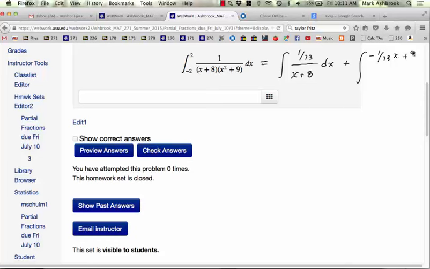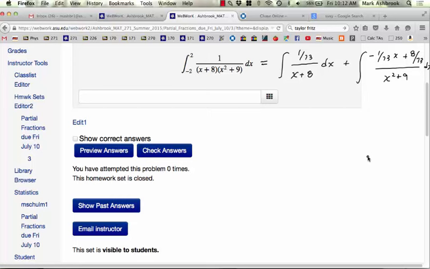Pretty ugly fractions, but okay, so this is where we should look at that second integral there.